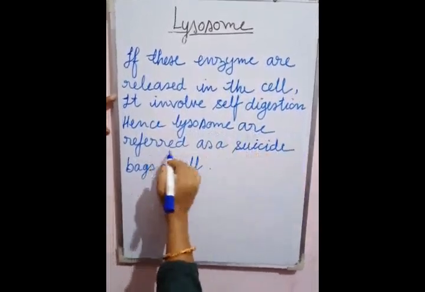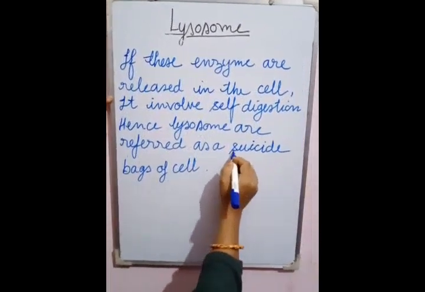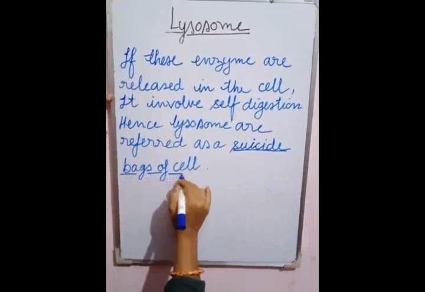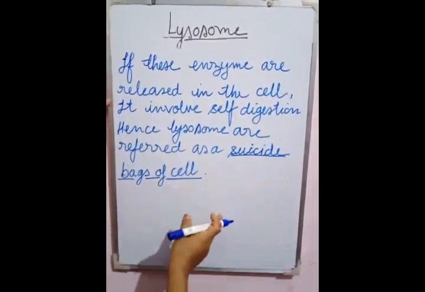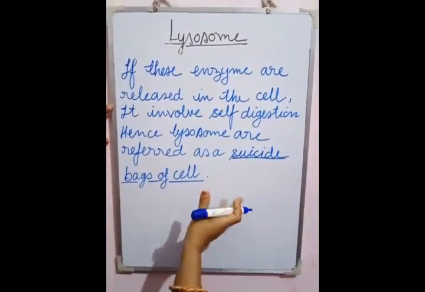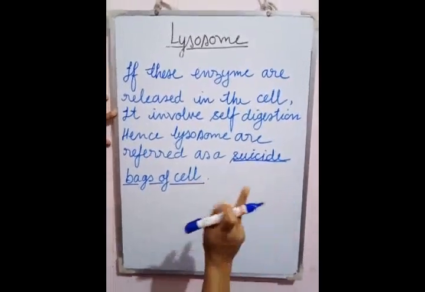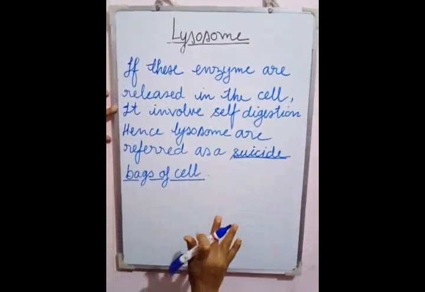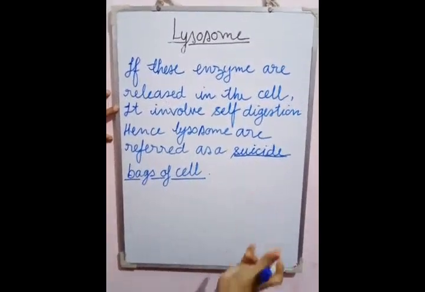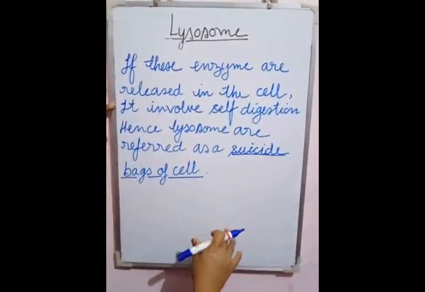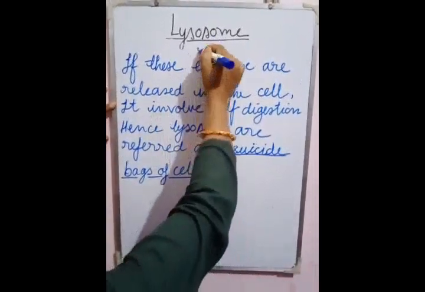Hence, lysosome is referred to as a suicidal bag because they digest itself, and because they have several digestive enzymes. The digestive enzymes are synthesized in the rough endoplasmic reticulum, concentrated in the Golgi apparatus and then packed in the lysosome. So this is about the lysosome.